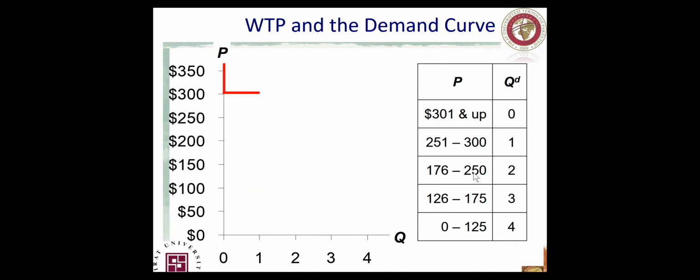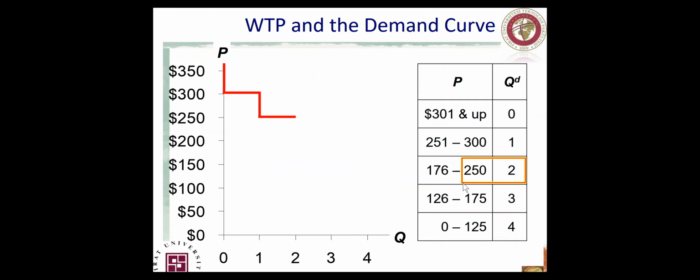Then think about the price being less. Between 176 and 250, what do we have? We keep moving down because the price is dropping, exactly as a step. Then we will have 2, so we move horizontally along.